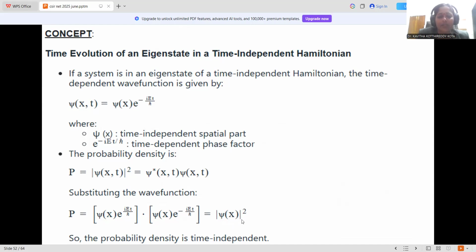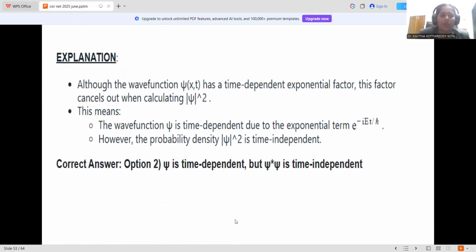The value will become psi x square. So the probability density is time independent. There is no time factor within this. Probability density is time independent because the time factor is not represented within. Although the wave function psi x,t has a time-dependent exponential factor, when taking psi square the time-dependent factor gets cancelled out.